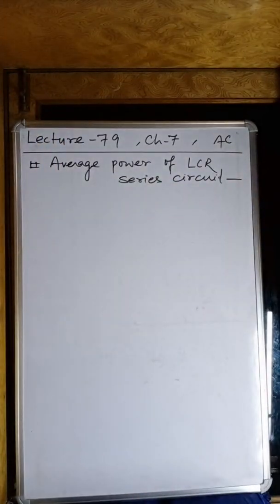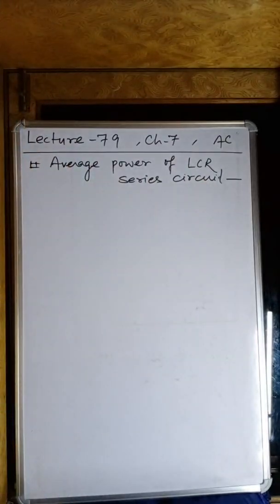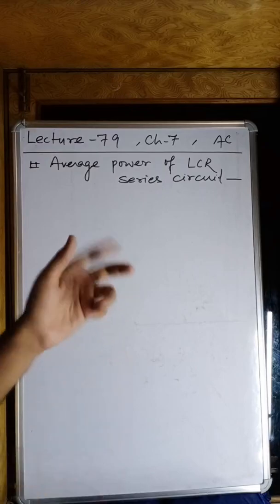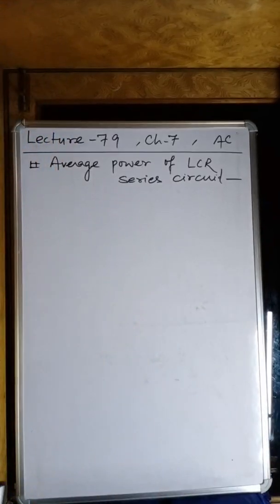Now, in this LCR series circuit, as we have discussed in last lecture 78, we combine L, C, R in series, then the phase difference between the net voltage and current we obtain as phi.